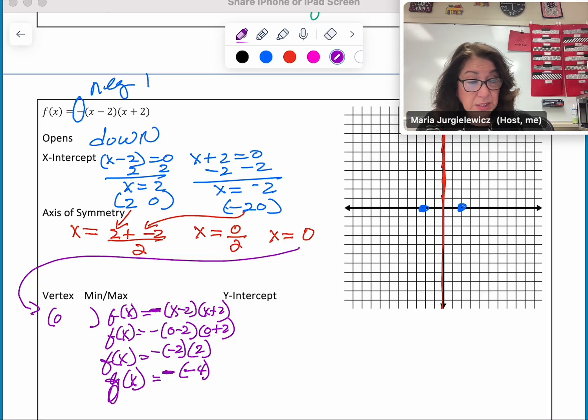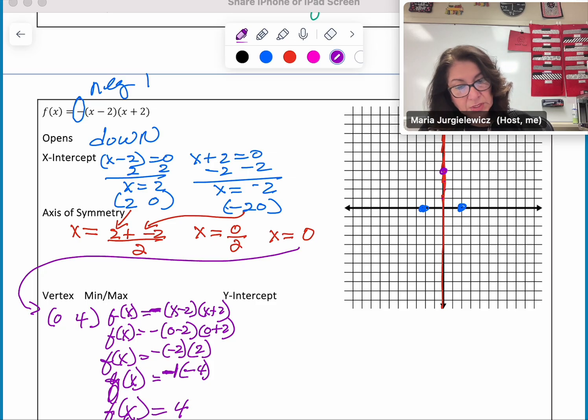And then what that means is that I want the opposite of negative 4, since there's a negative 1 there. So negative 1 times a negative 4 gives me a positive 4. So I know that my vertex, the point where it's going to switch, is going to be at 0, 4. So 0, 1, 2, 3, 4.